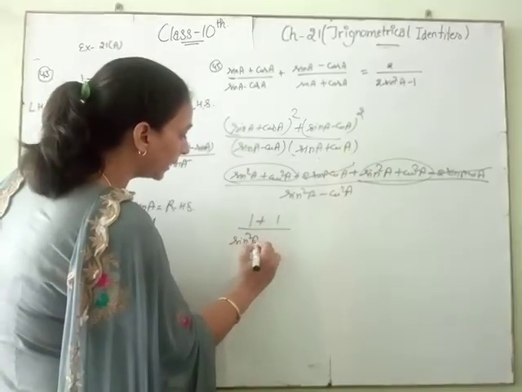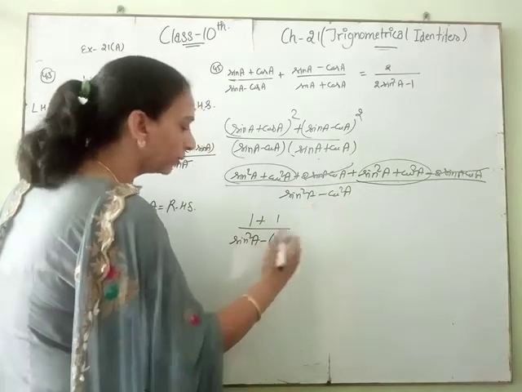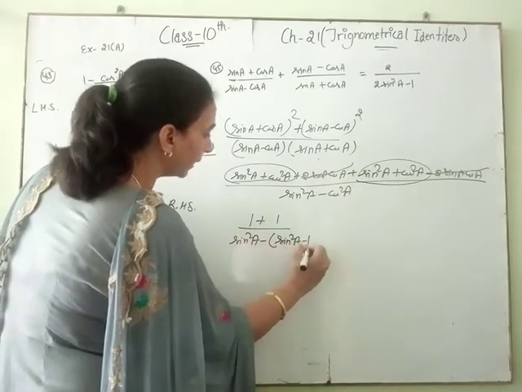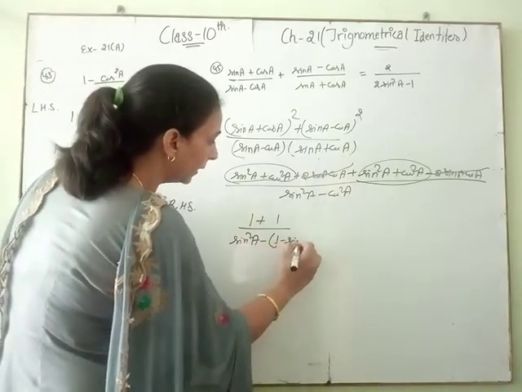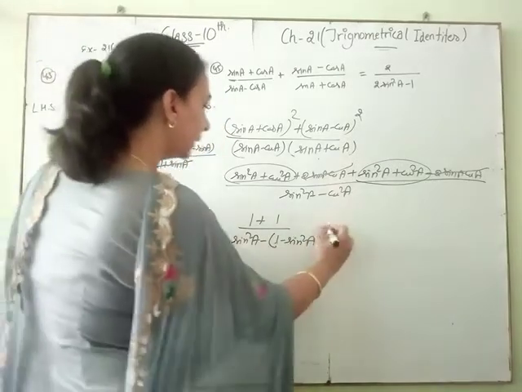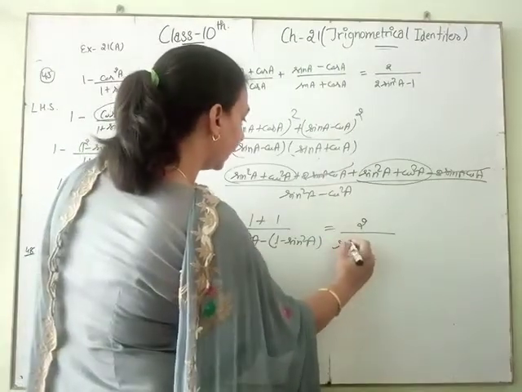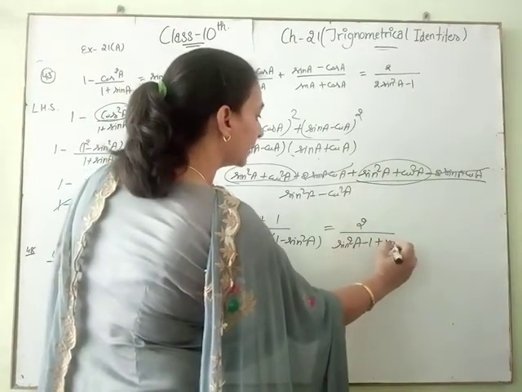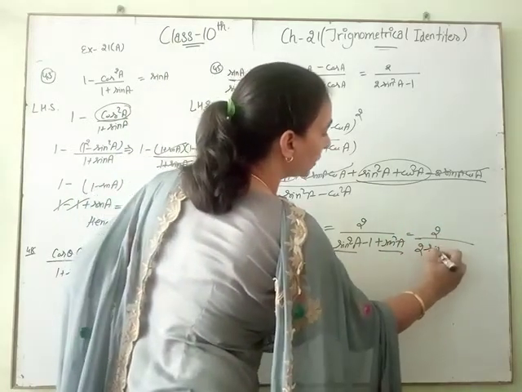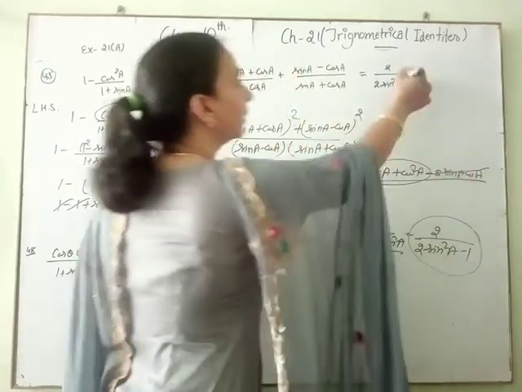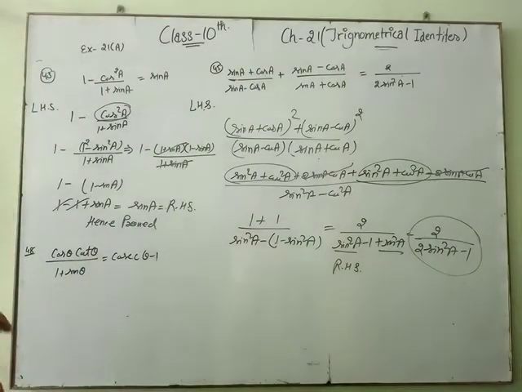Sin square A as it is, minus, in place of cos square we write 1 minus sin square A. Okay, this equals 1 plus 1, 2, then sin square A minus 1 plus sin square A, equals 2 by 2 sin square A minus 1, and this equals the right hand answer. Okay, left hand side equals right hand side, hence proved.